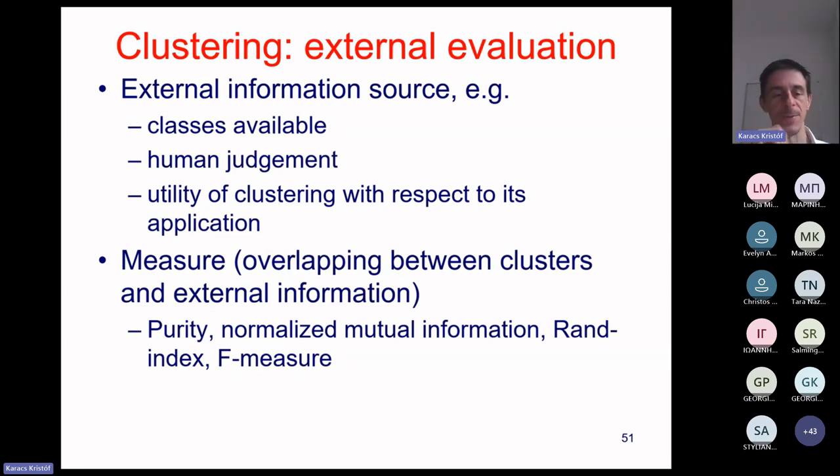This mostly applies to labels, and we can calculate purity, which means how pure the ground truth classes are in terms of the cluster assignments, or normalized mutual information, which is an information theoretical metric building on concepts very similar to entropy.